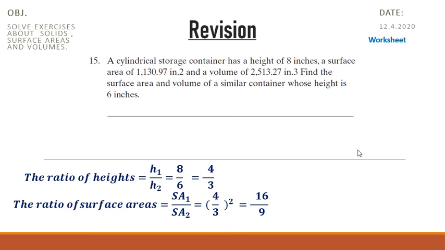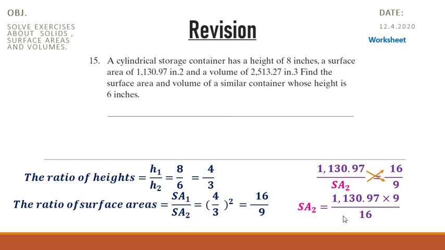And now we will use 16 over 9 equals the given surface area over the required. So SA2, surface area 2, equals 1130 multiply 9 divide by 16, and I will give you the answer. It will be approximately 636.17 square inch. Okay, great work, Faisal. Thank you.